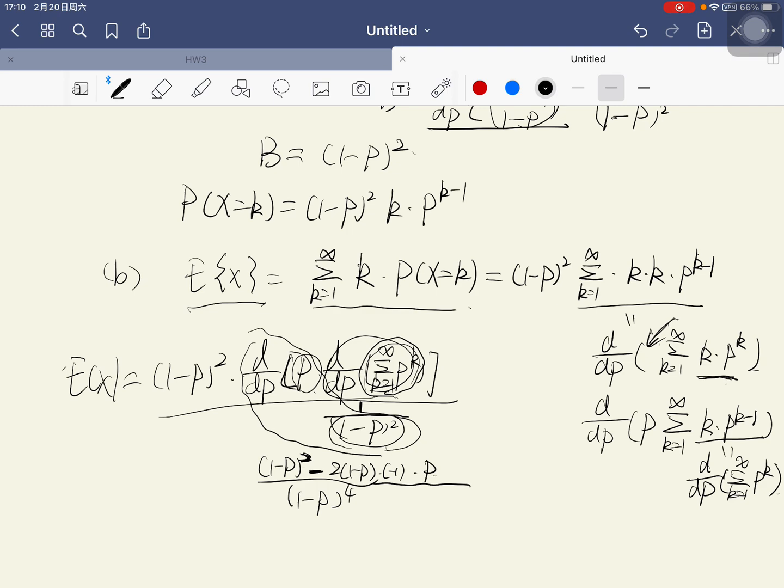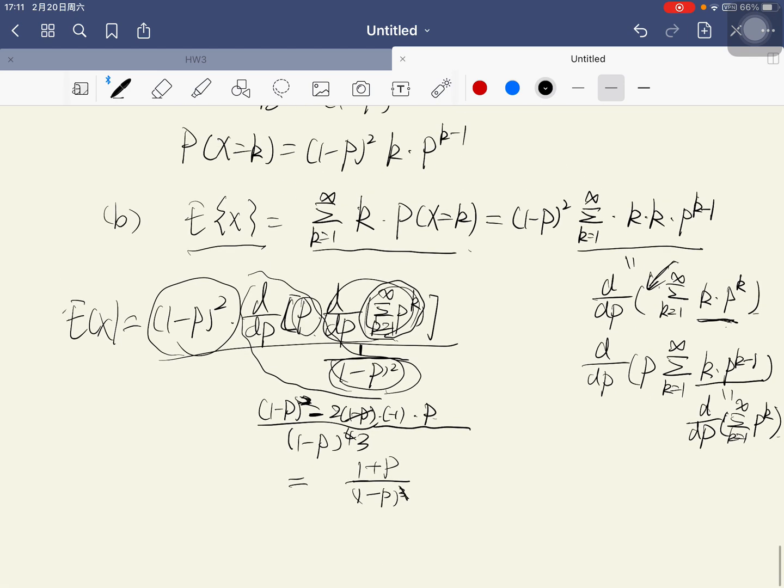So we could put all this together as p over (1 minus p) to the power of 3, and multiplying this by the earlier factor, E[X] is equal to (1 plus p) over (1 minus p).